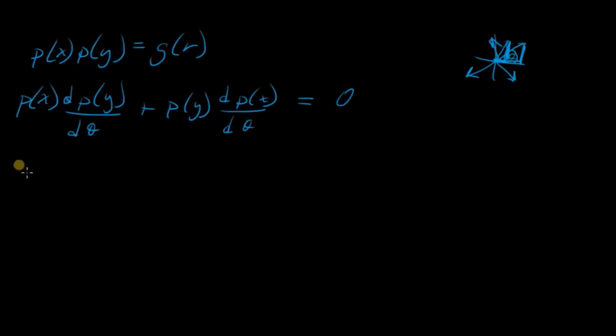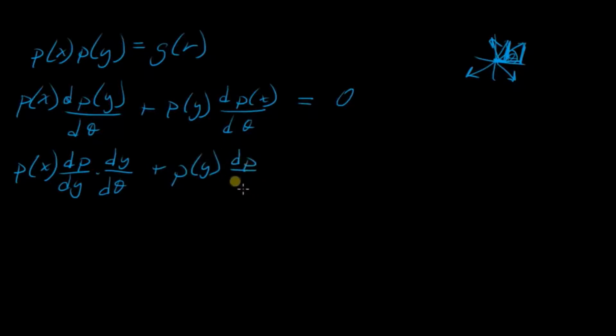Okay, now let's write this out with the chain rule to make a little more sense, because there's a whole function in here. We have probability and y and theta. So let's write the whole thing out. So dP/dy times dy/dθ. Same thing here, dP/dx times dx/dθ.